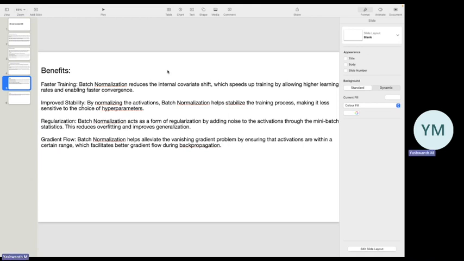So by normalizing the activations, by centering the mean and making the variance uniform across all the layers, we reduce the internal covariate shift. And this allows us to speed up the training by allowing the use of higher learning rates and thus enabling a faster convergence.